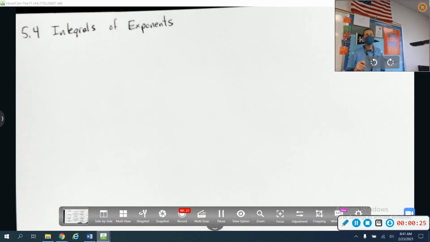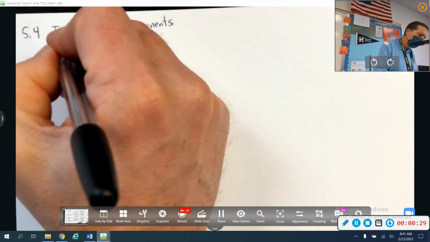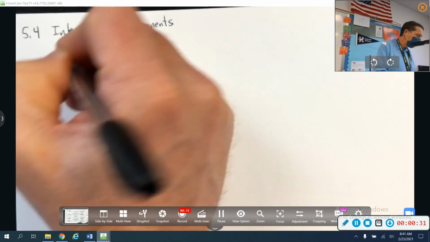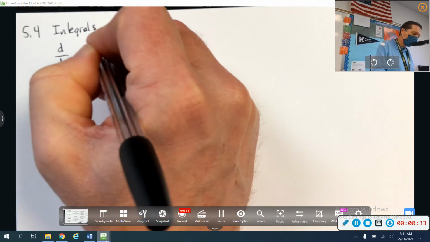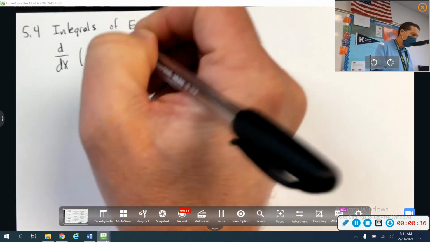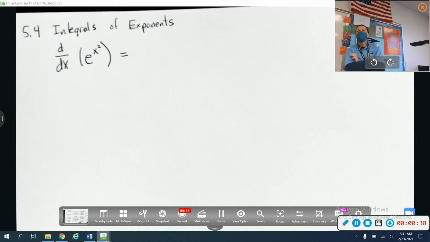Well, before we take an integral, an antiderivative of an exponent, let's take a derivative of an exponent and remind ourselves what's going on here. If you can't drive forward, you sure can't drive backwards. So let's remind ourselves how we drive forward first, and then we'll see if we can drive backwards on exponents.